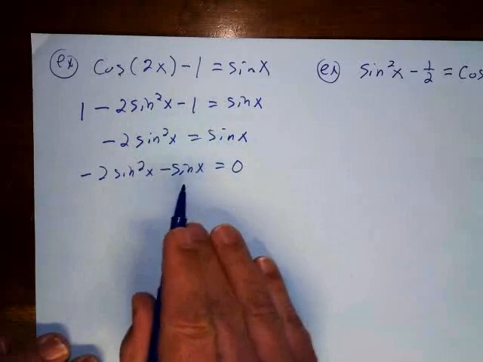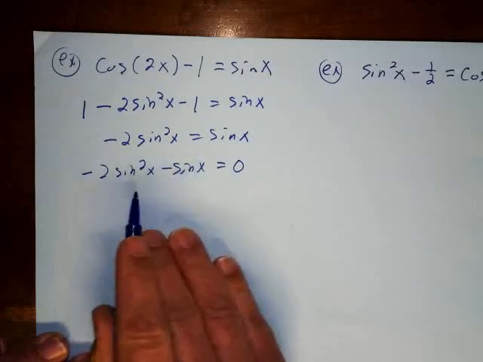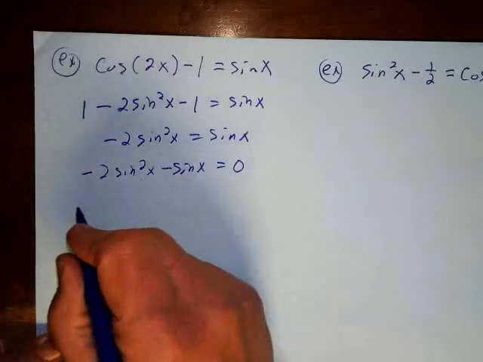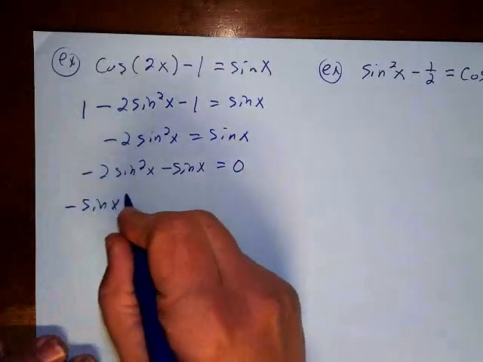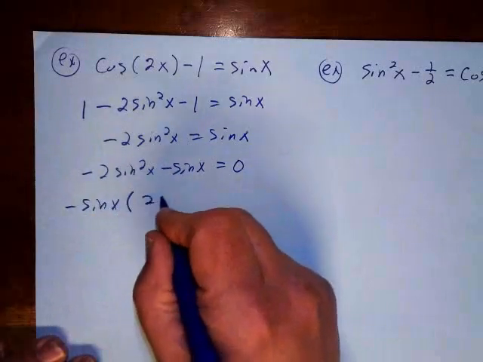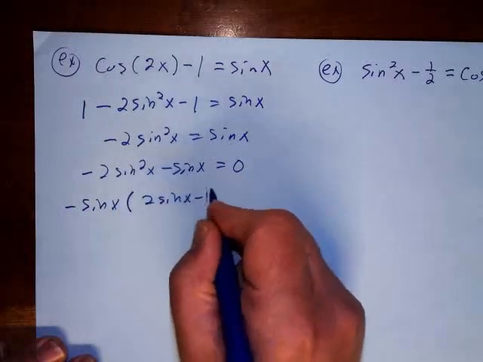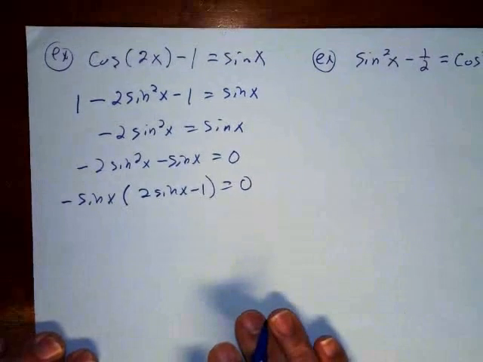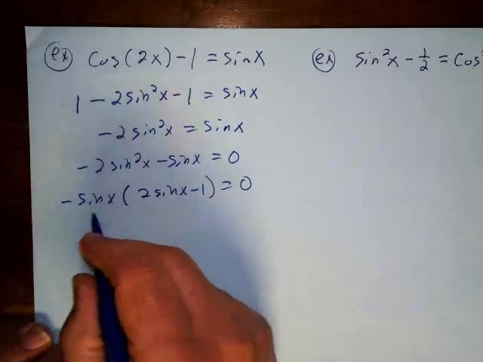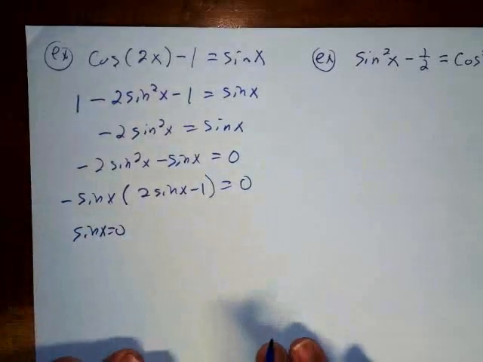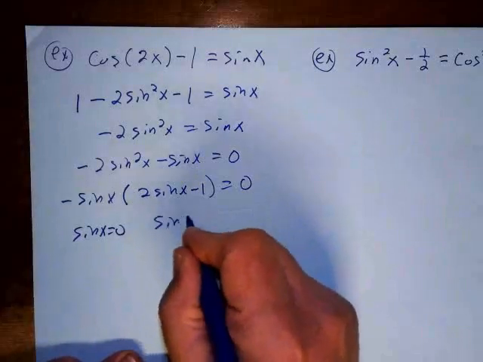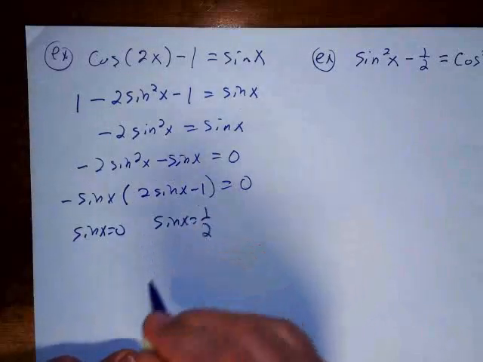If you don't have a constant term to solve the quadratic equation, just pull out a sine. In fact, I'm going to pull out a negative sine x. And then what I get is 2 sine x minus 1 is equal to 0. So then I get these 2 equations. So negative sine x equal to 0 is just the same as sine x equals 0. And then this one is just sine x is equal to 1/2.